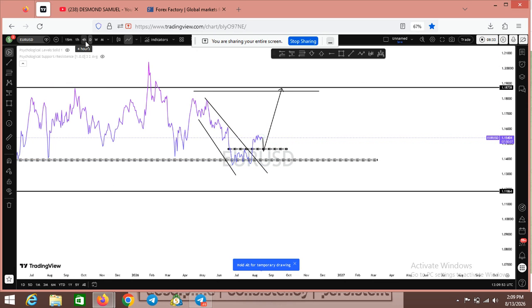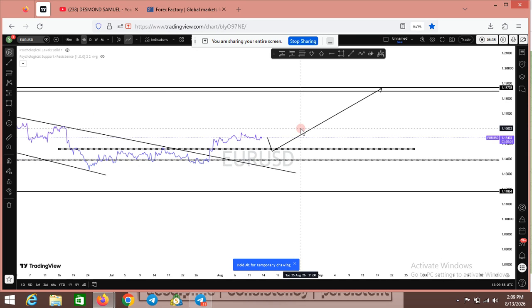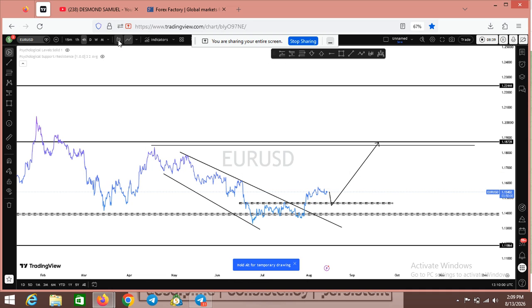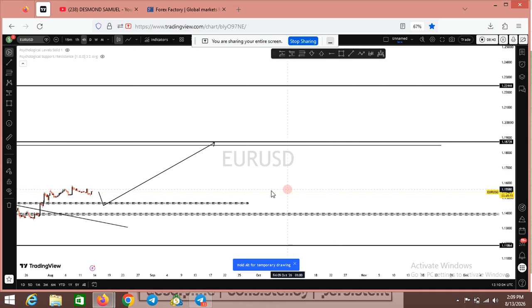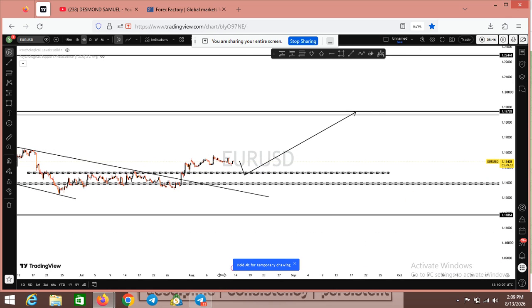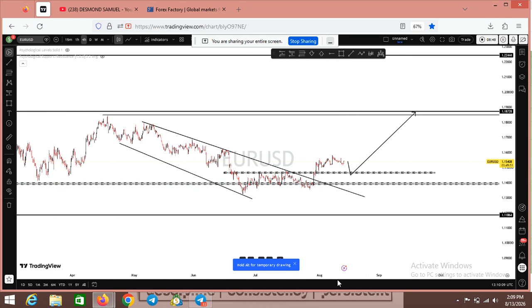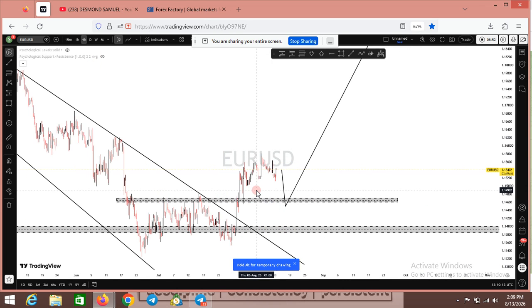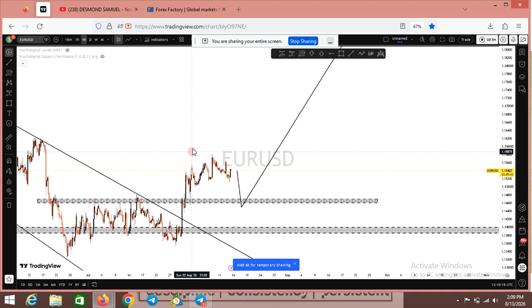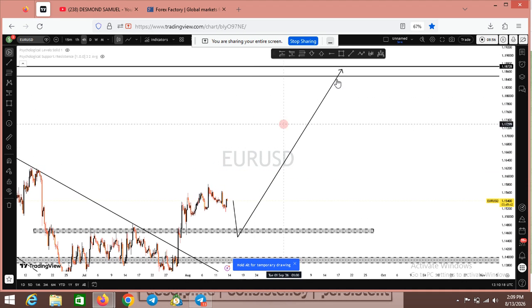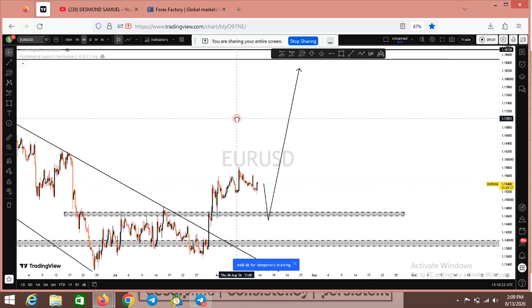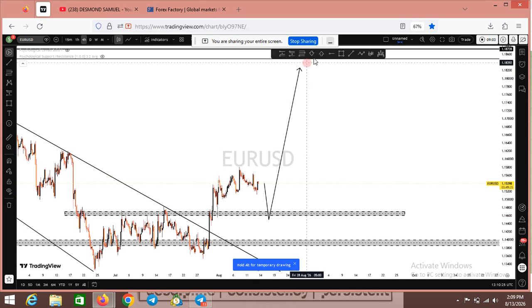So let's move to the 4 hour time frame. This is the liquidity here.